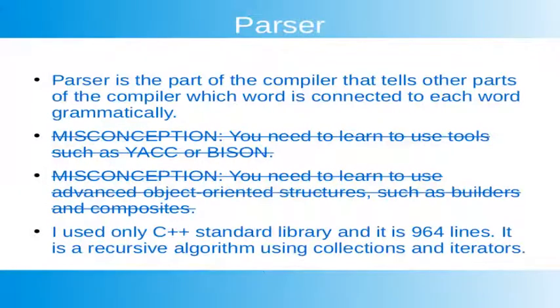Then you need to write a parser. The parser is the part of the compiler that tells other parts of the compiler which word is connected to each word grammatically. A common misconception is that you need to learn to use tools such as YACC, yet another compiler compiler, or BISON, to write parsers.